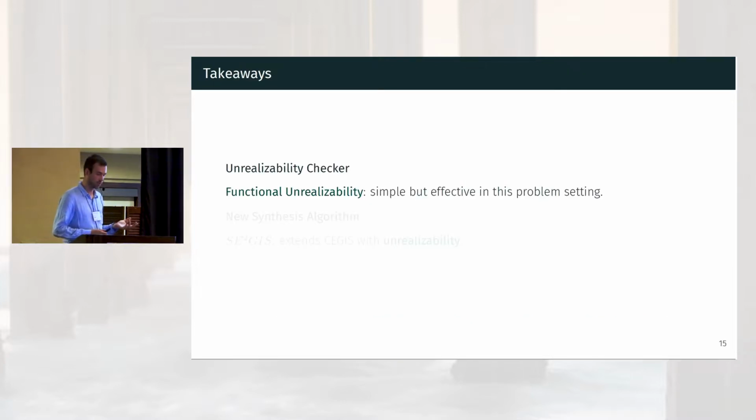So the takeaways of this talk are that we have designed a simple technique to check for unrealizability for problems that are typically solved by CGIS, in which we use this idea of functional unrealizability. If we just add this to an existing algorithm, it solves a class of unrealizable benchmarks.